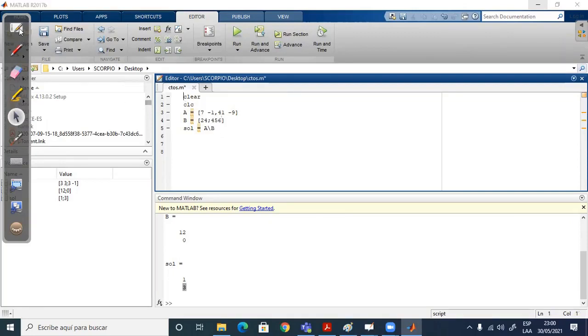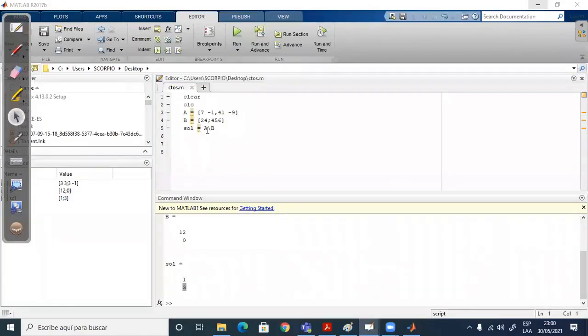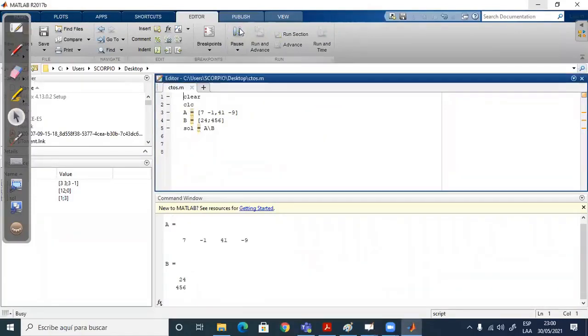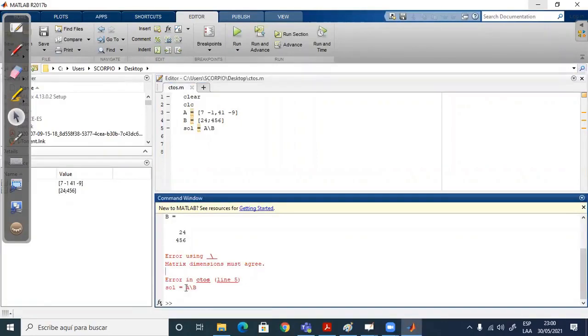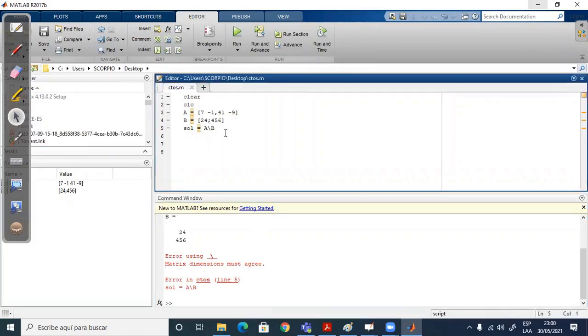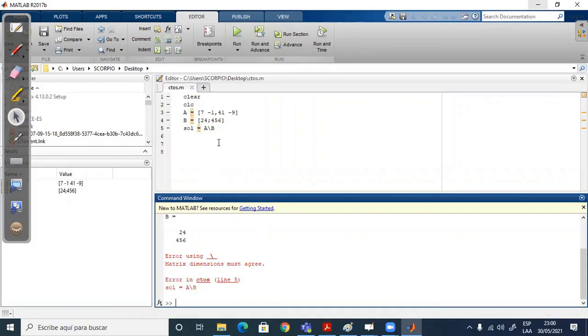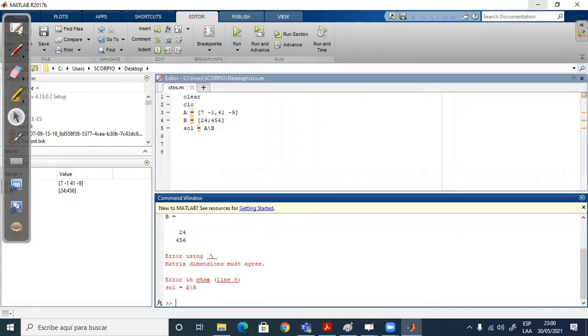Good. I checked there. Okay. 24, 456. The variable is equal to the matrix division. And here they tell me that there is an error on line 5. Somewhere I made a mistake. I'm going to delete here. The error continues to appear.